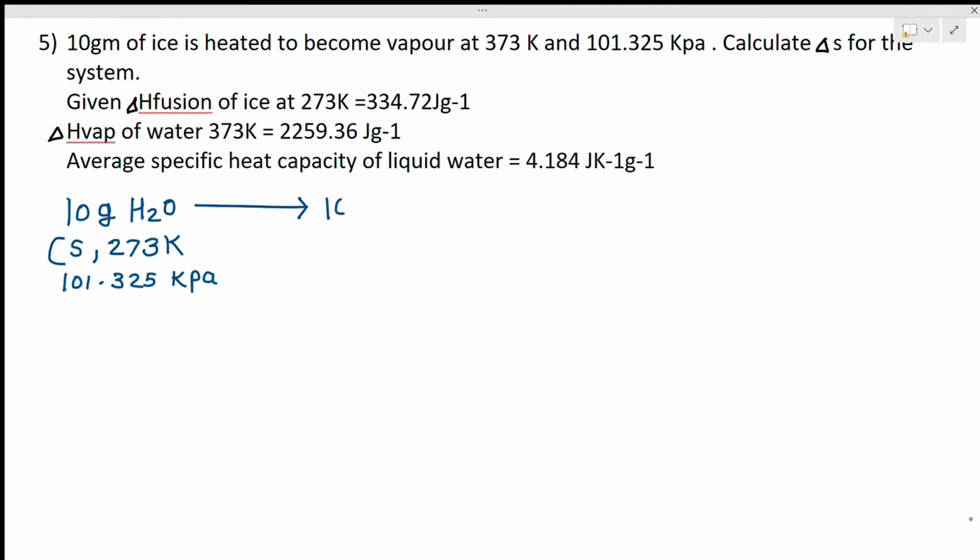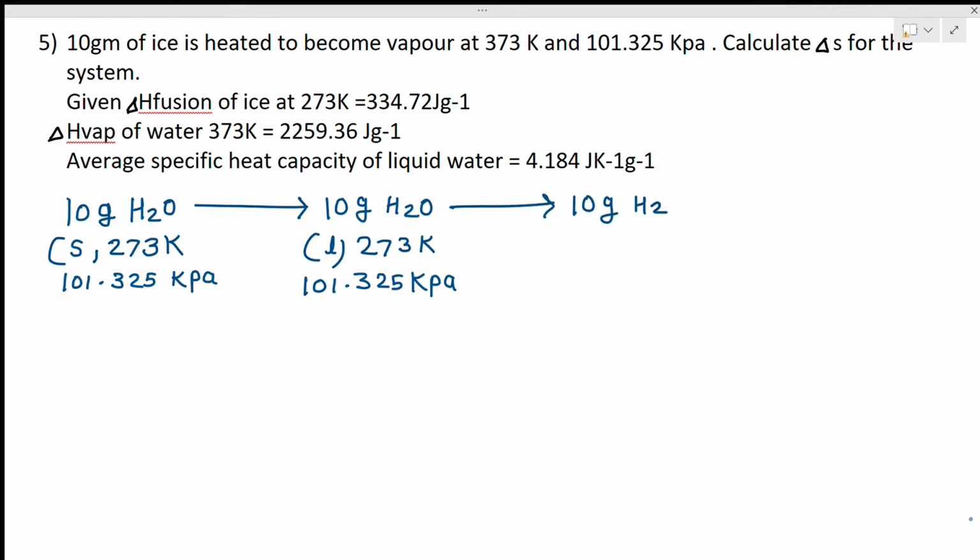Then it is changing to 10 grams of H2O in liquid state. Water is changing from solid to liquid state at 273 Kelvin and 101.325 kilopascal.